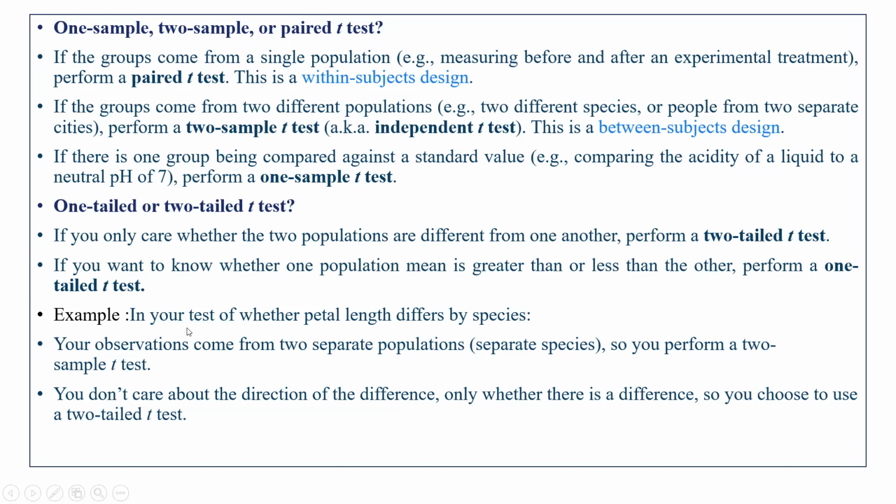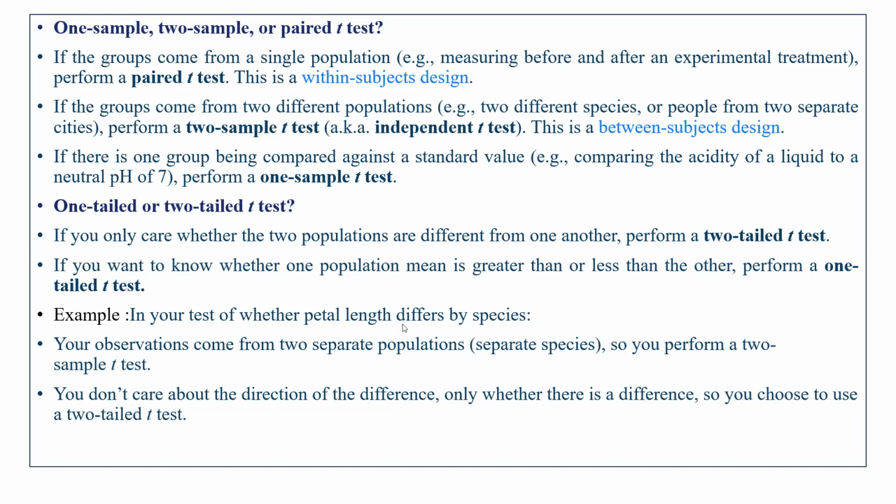So for example, in your test of whether petal length, which we have seen in the last slide, differs by species, your observations come from two separate populations. So you perform two sample t-test, as your observations are coming from two different samples, right?